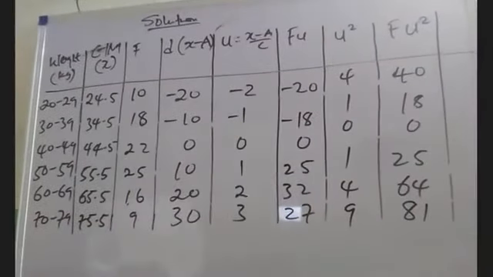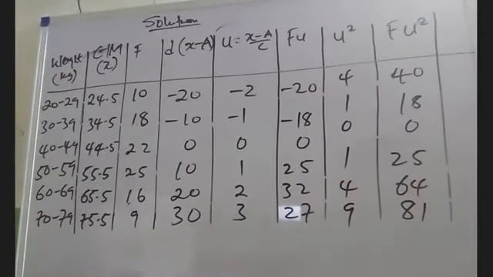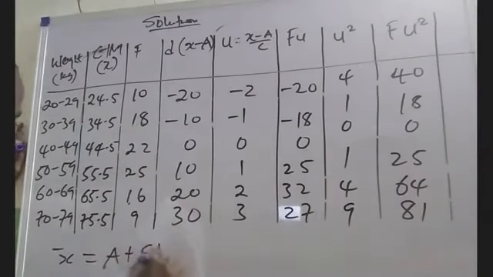Now, remember, we are also asked to find the mean. So remember that the mean is the assumed mean plus the sum of deviation. So the first thing we are going to find is x bar, which is equal to A plus sum of fd over sum of f.